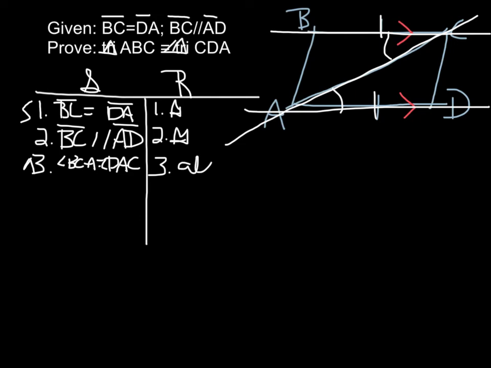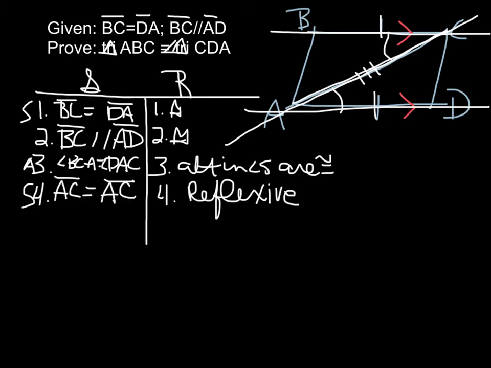Because alternate interior angles are congruent. That gives us one side congruent to one side and one angle congruent to another angle. Now we need the third side. So we can use side AC is congruent to AC using the reflexive property. So that gives us our third side.